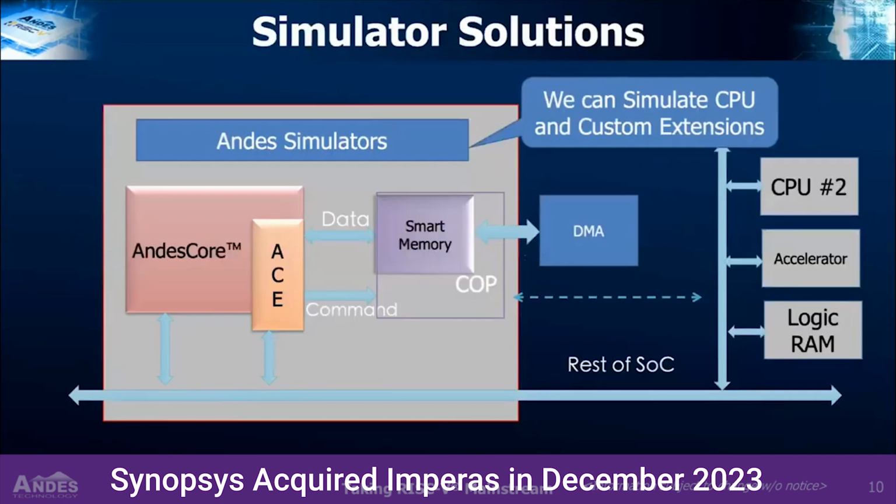Now, here is what we can do. My gray box includes what my simulators could do, which is simulate the core, custom instructions, and custom memories. That's what it's designed to do. The one thing it can't do is simulate and emulate an entire system to develop system-level software.